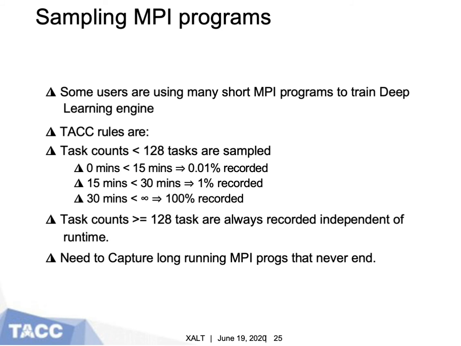Now, why do I have these rules? Well, there are large simulations which never terminate. They run for 24, 48 hours and they just produce restart files, and they don't care how many time steps they do. They just run till they run out of time and they restart the job from their previous restart file. So I want to capture those jobs that never terminate.